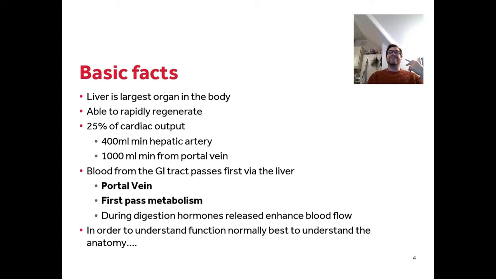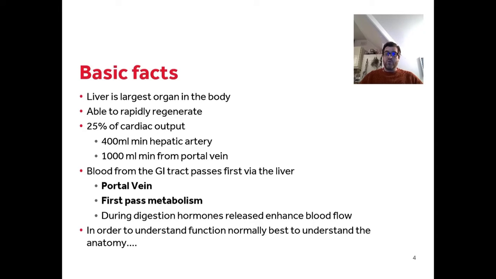So let's give some basic facts about the liver. It does lots of things, and to go with that, it's no surprise that the liver is also the largest organ in the body. It's able to rapidly regenerate, and that process of rapid regeneration is really important in its function because it's often dealing with toxic, damaging compounds.